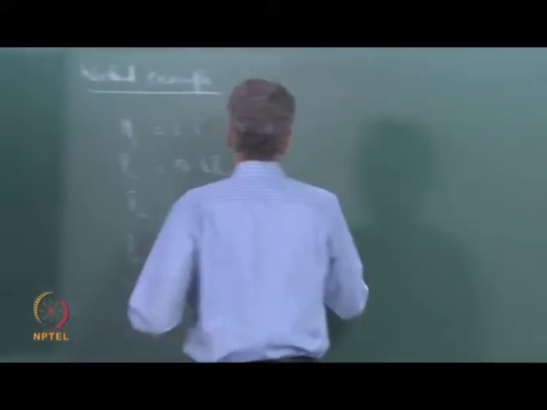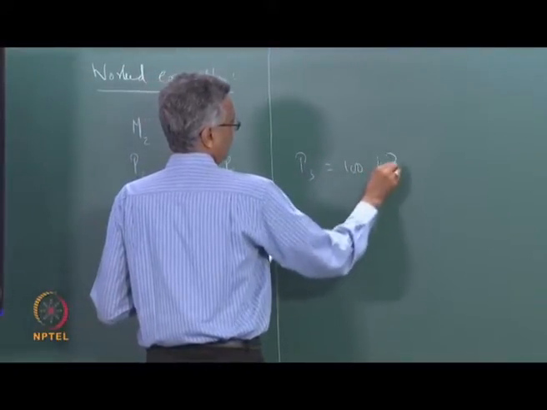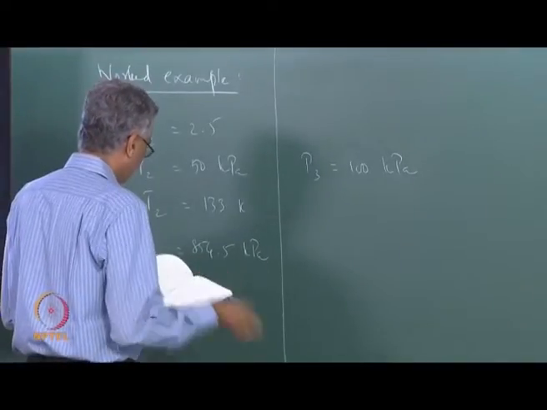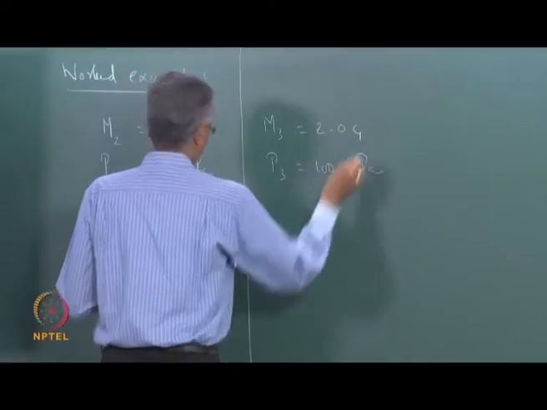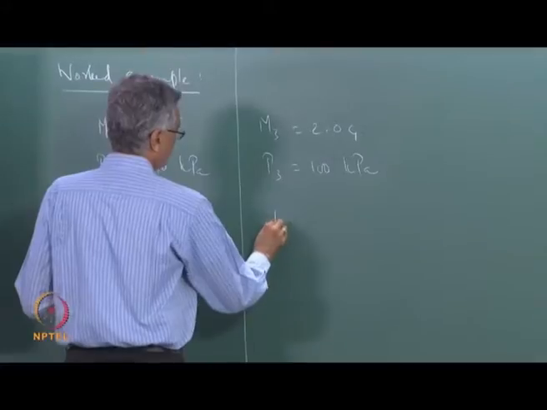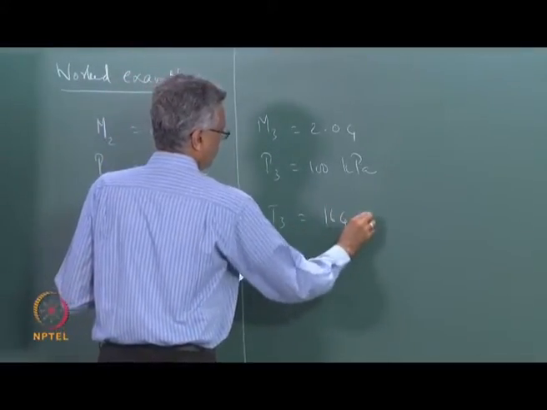So P3 was known, so let us write that P3 was 100 kPa. And M2 was known, so we calculated M3 to be 2.04, and we calculated T3 to be about 164 Kelvin.